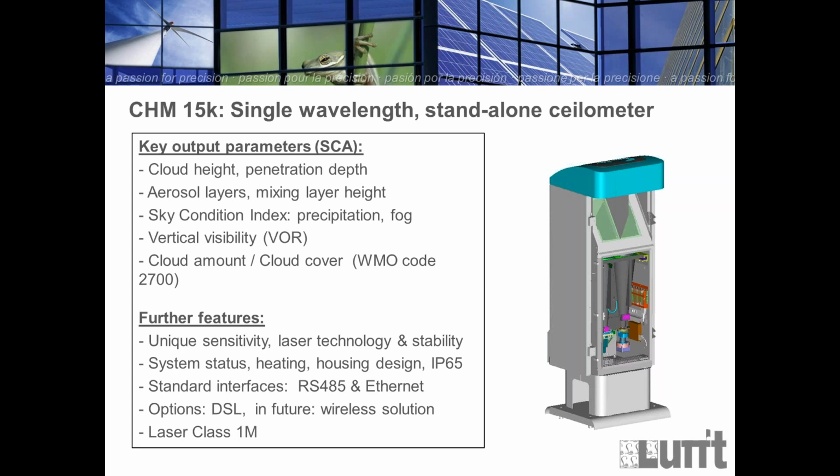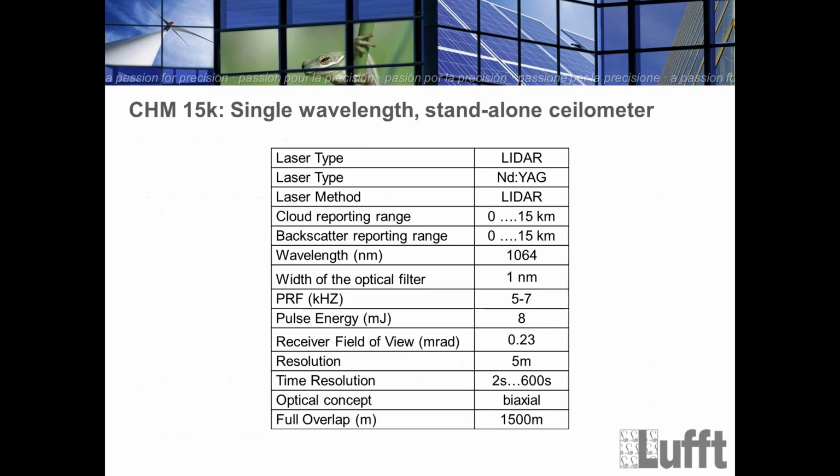The laser in the unit is a laser class 1M product, so the full unit is specified as laser class 1M. This is important for airport usage mainly, but also Met services will not typically integrate a system which has a higher laser class. They cannot accept it.